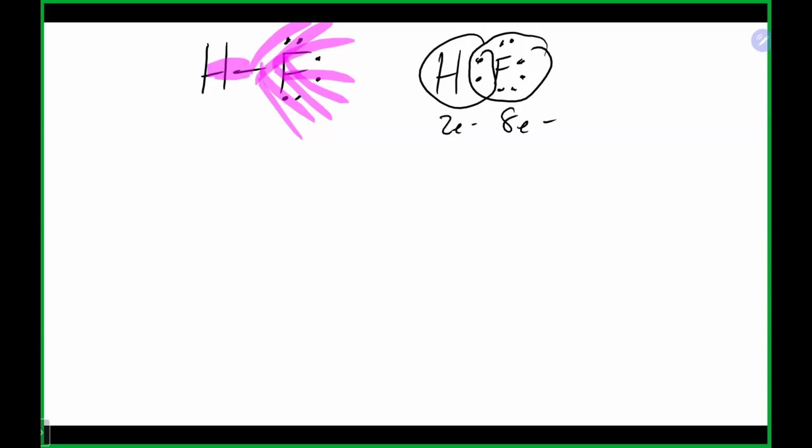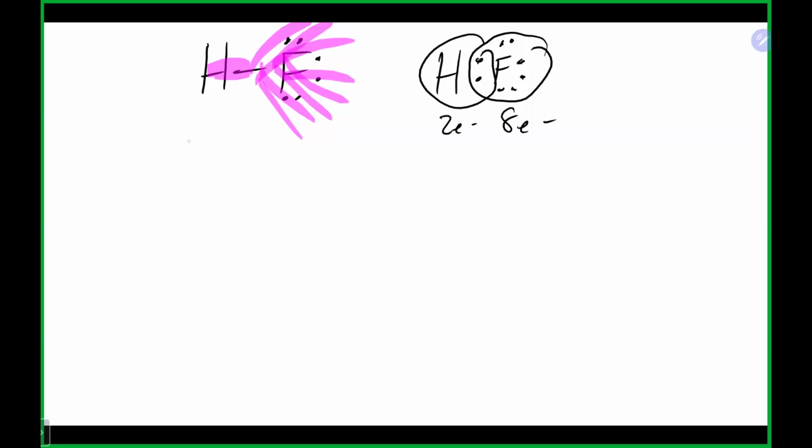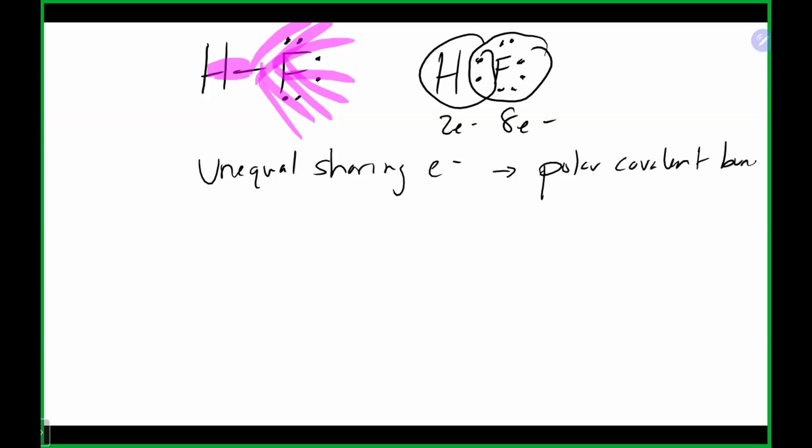We're going to get unequal sharing of electrons here. And this unequal sharing of electrons is known as a different type of covalent bond. This is known as a polar covalent bond, or just a polar bond.